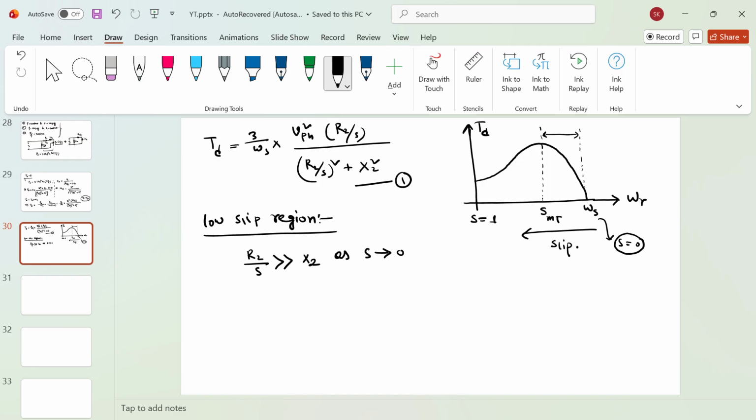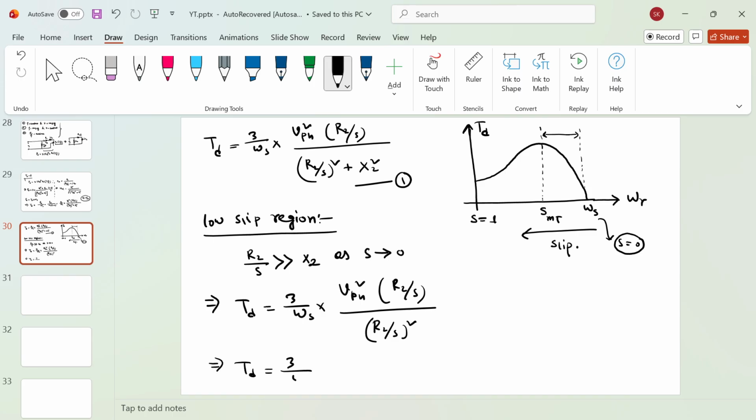So put that approximation into the equation. Td is equal to 3 by omega s into V phase square R2 by S, and the X2 square will just be neglected. So we get Td equal to 3 by omega s into S V phase square by R2.